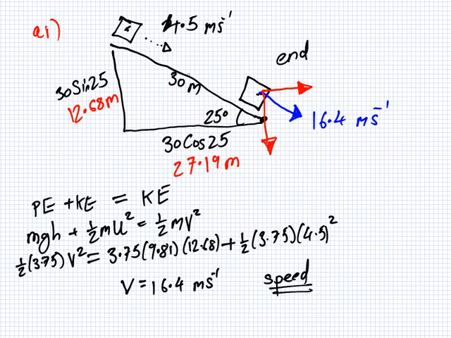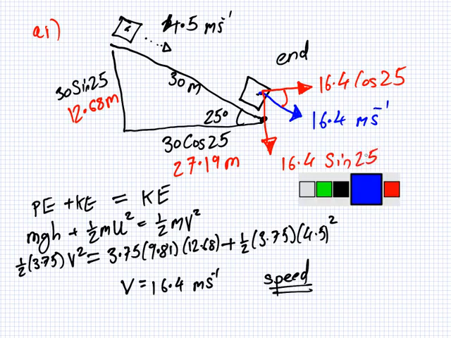If I draw this here, yes, this here is 25. So this one here is 16.4 cos 25, and this one here is 16.4 sine 25. Velocity has to be horizontal and vertical. A speed is just the magnitude.